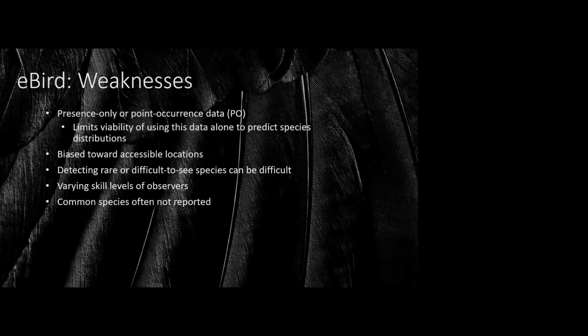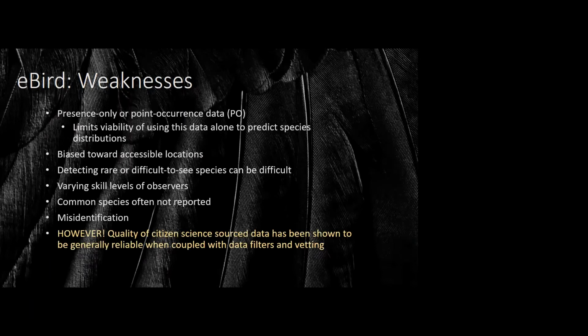I won't necessarily go out and report every grackle and crow that I see, but if I see something super cool, I am much more likely to report it. And then of course we have misidentification, which can happen to the best of us. However, the quality of citizen science source data has been shown to be generally reliable when coupled with the data filters and vetting that eBird does along with their observations.